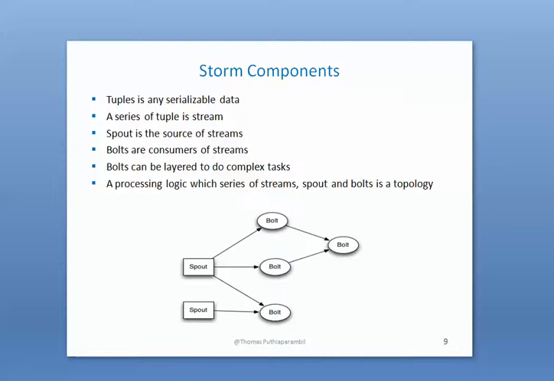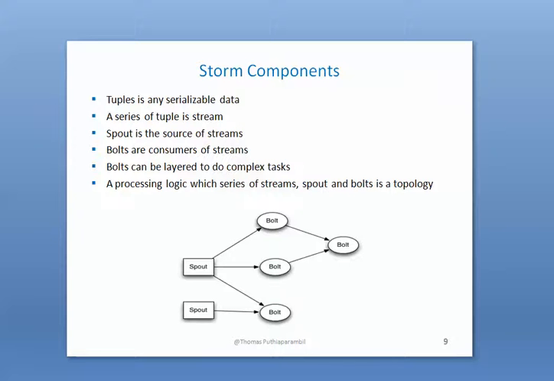To briefly explain the components in Storm, the individual data element is called a tuple. The only limitation is it has to be serializable. So anything can be a tuple as long as it is serializable. A series of tuples is called a stream.